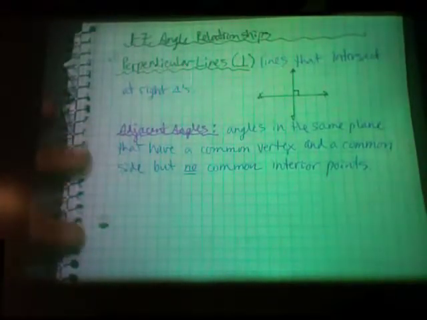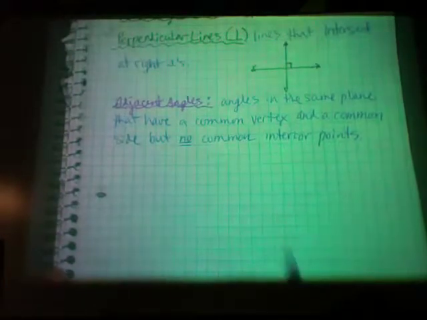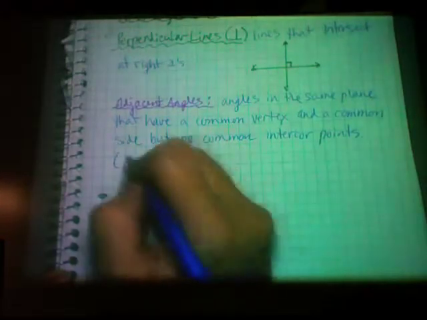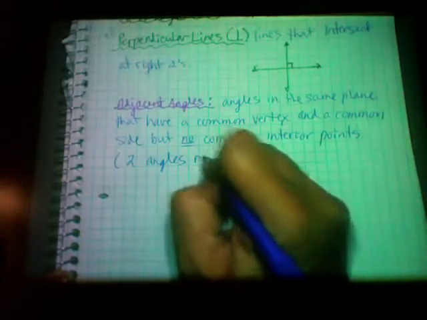And here's the layman's definition, the definition that you really need to have in your brain, because I'm not going to probably ask you to give me that definition word for word. But when you hear adjacent angles, you just need to realize that they are 2 angles right next to each other.